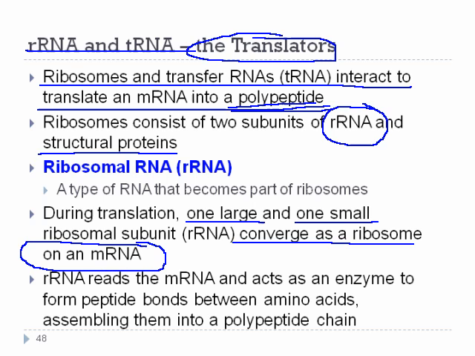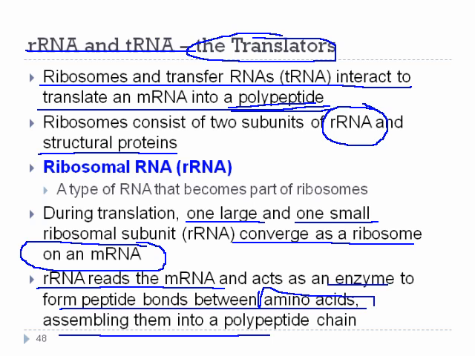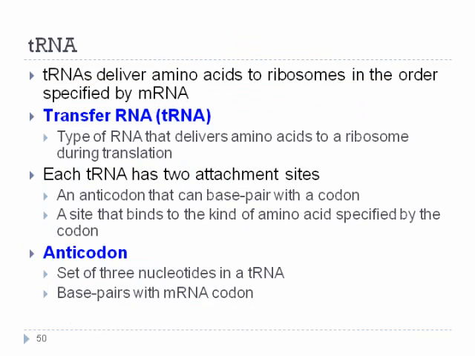They form around an mRNA molecule. The ribosomal RNA reads the mRNA and acts as an enzyme to form peptide bonds between the amino acids to make that growing polypeptide chain. So the ribosomal RNA forms part of the ribosome.